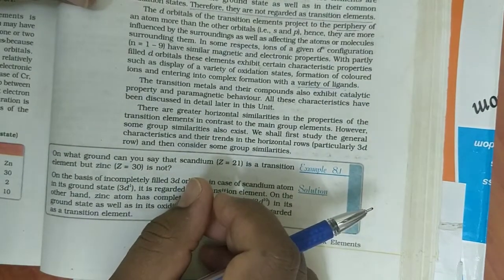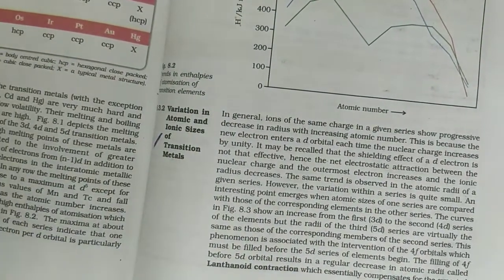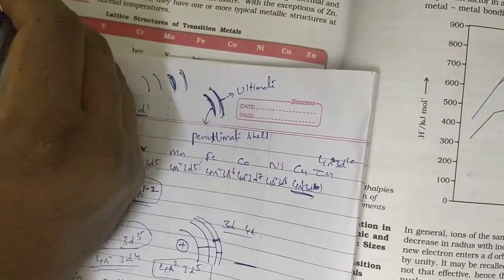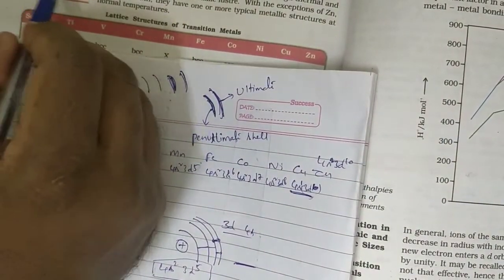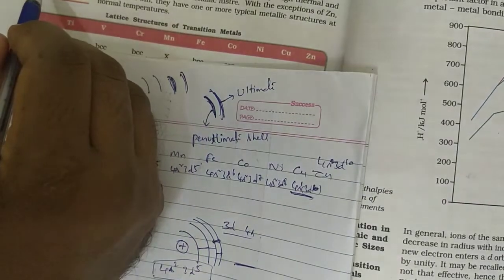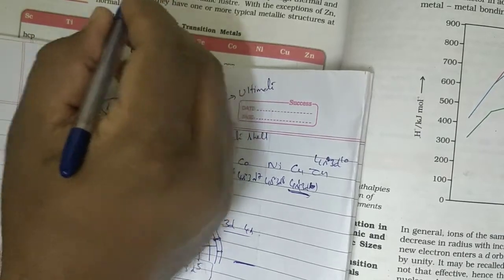Now let us see our next side heading, our next concept: 8.3, general properties of the transition elements. Under this, first, 8.3.1, physical properties.